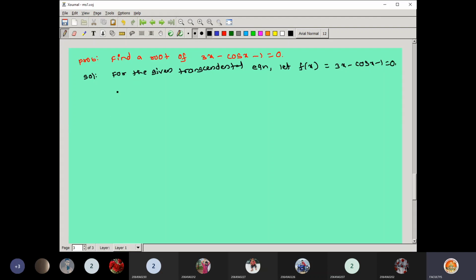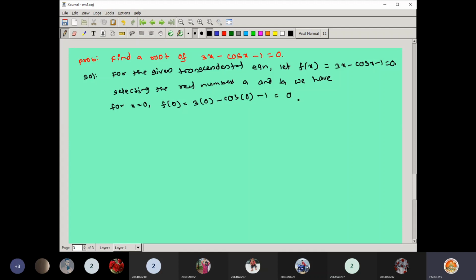Now you are selecting the real numbers a and b. So we go first for x equal to 0. So that you are getting f of 0 equal to 3 into 0 minus cos of 0 minus 1. 3 into 0 is 0, cos 0 is 1, and minus 1.